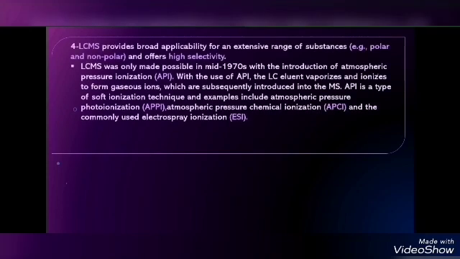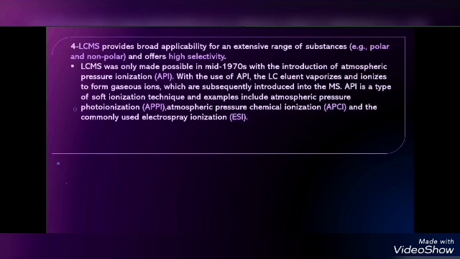LCMS provides broad applicability for an extensive range of substances, polar and nonpolar, and offers high selectivity. LCMS was only made possible in the mid-1970s with the introduction of atmospheric pressure ionization.